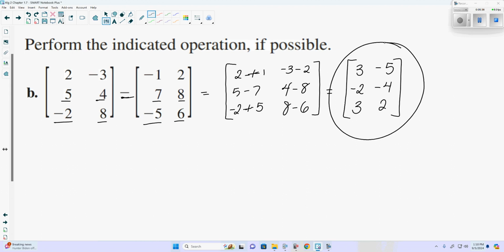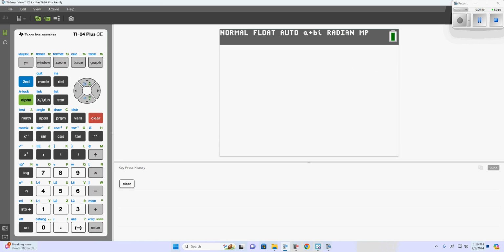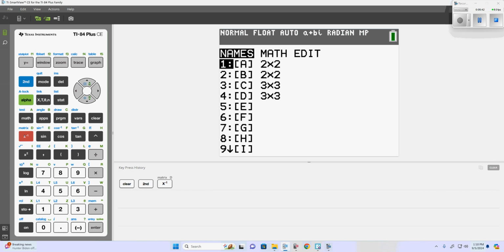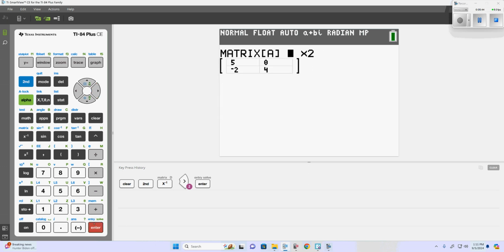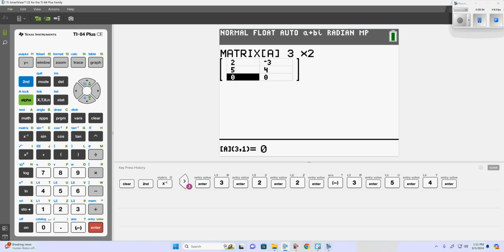Now, if we wanted to, I could grab the graphing calculator and say second matrix, and we can go over to edit. So the last one we did, our first matrix was a 3 by 2, which was 2, negative 3, 5, 4, negative 2, 8.